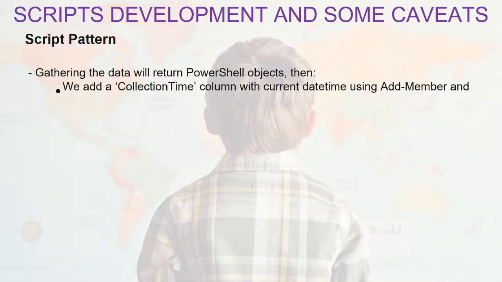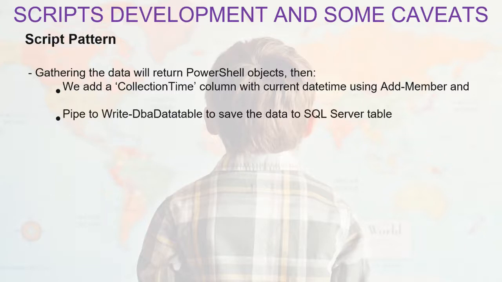If you want to have this data over time and show it in Power BI so we can see the evolution, the collection time column holds the current date and time of the execution. And finally, we pipe these results to Write-DbaDataTable, which will save the data on a SQL Server table that we specify.